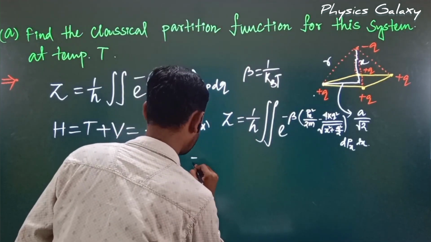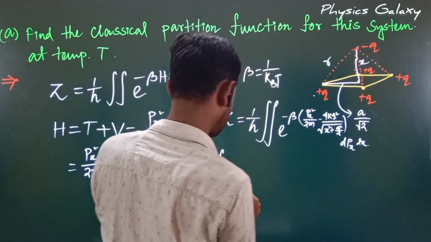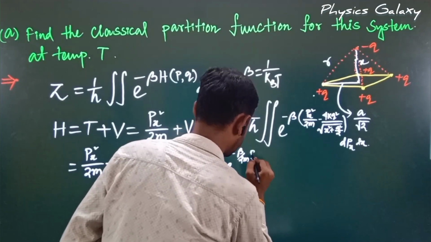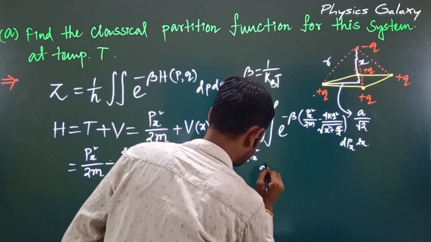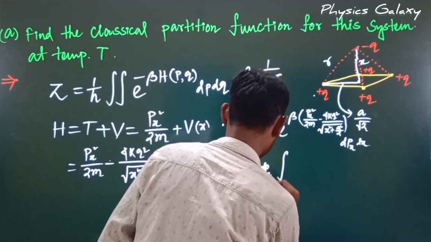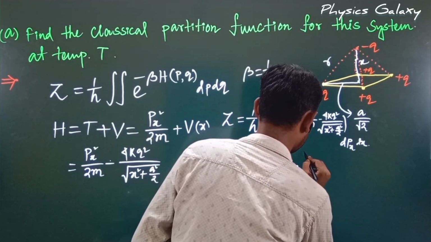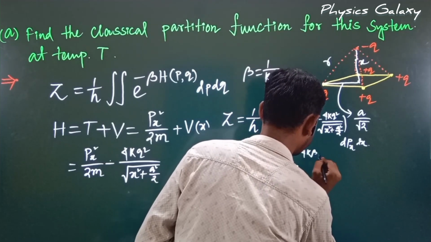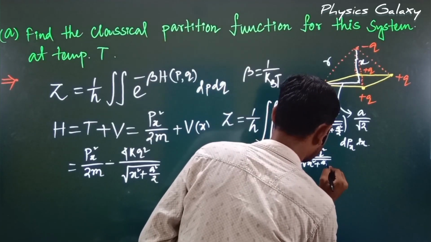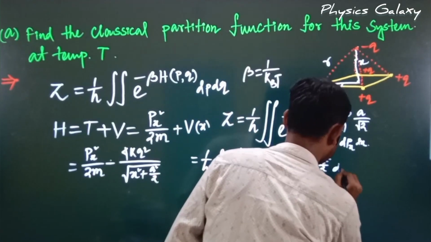Now this is equal to 1 by h integral e to the power minus beta by 2m px square dpx, and integral e to the power 4k beta q square divided by under root of x square plus a square by 2, and dx.